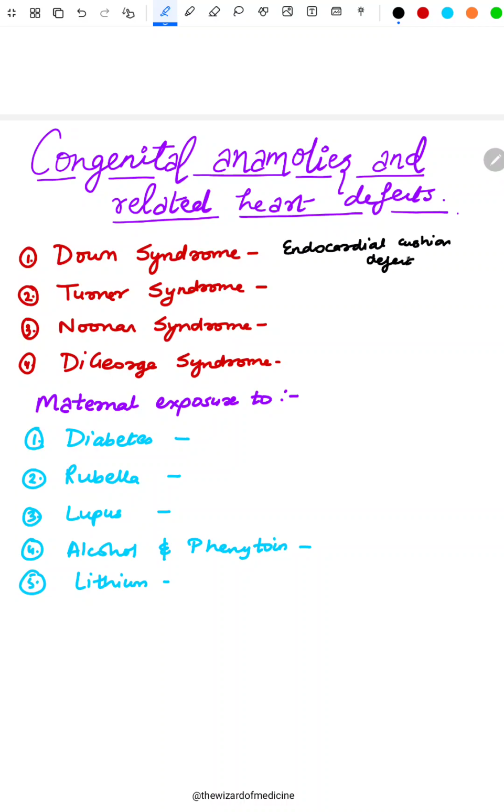In Turner syndrome, the child will have bicuspid aortic valve more than coarctation of aorta. Can have both, but the chances of bicuspid aortic valve are higher. In Noonan syndrome, they have pulmonary stenosis. They can also have ASD, that is atrial septal defect, and hypertrophic obstructive cardiomyopathy. In DiGeorge syndrome, also known as CATCH-22, they have conotruncal anomalies.